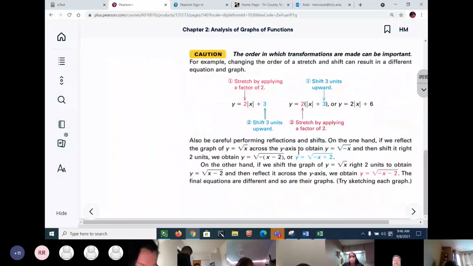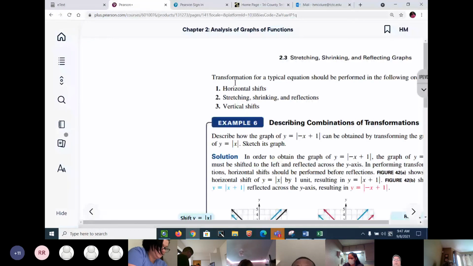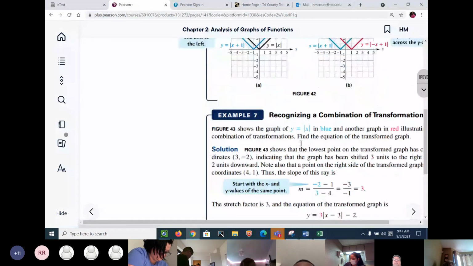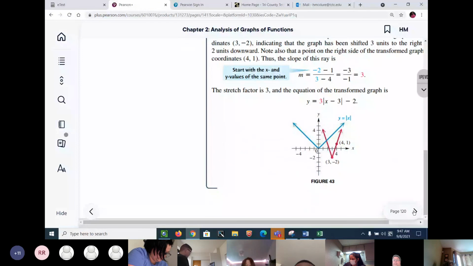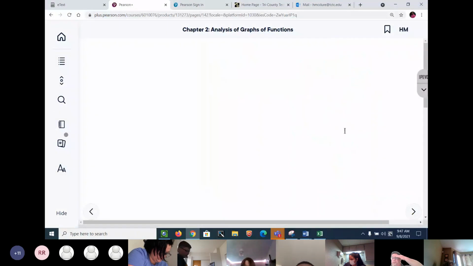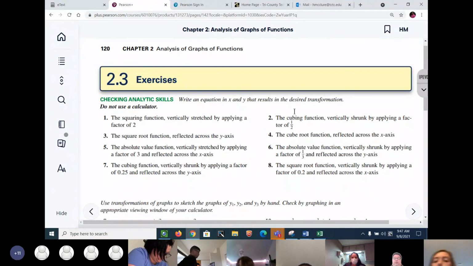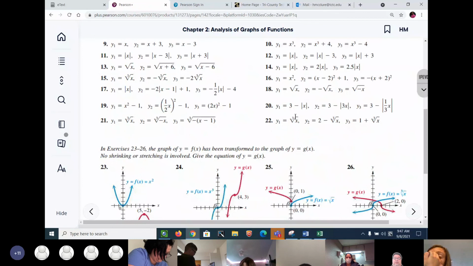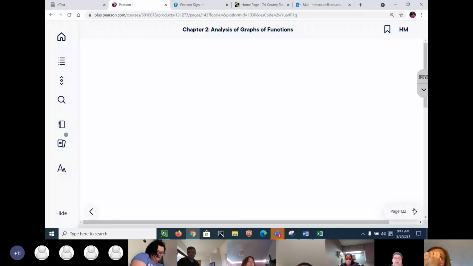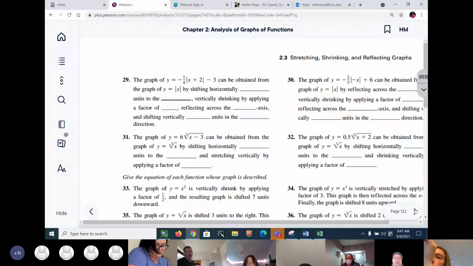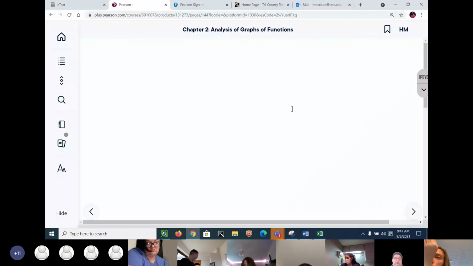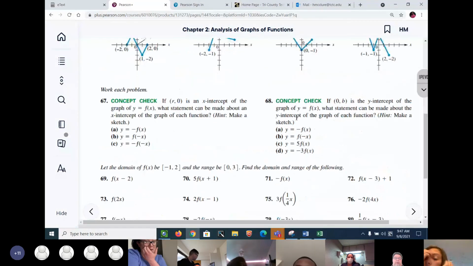There's 2 examples. There's the absolute value right here. Well, there you go. This one is skinnier than the sketch, the parent graph. And that's 2.3. And 2.4 is absolute values. And that basically, they just show you the same thing I just showed you. I'm going to just show it to you right quick so you know what I'm talking about.